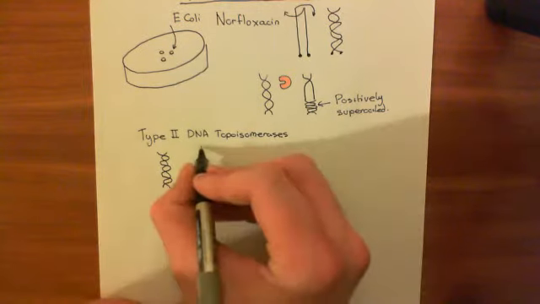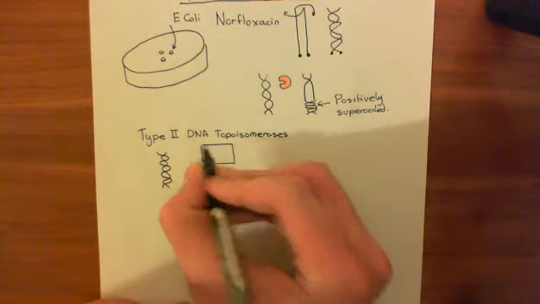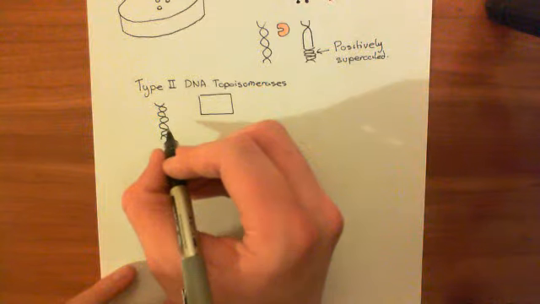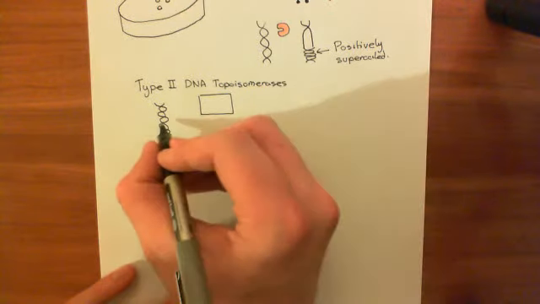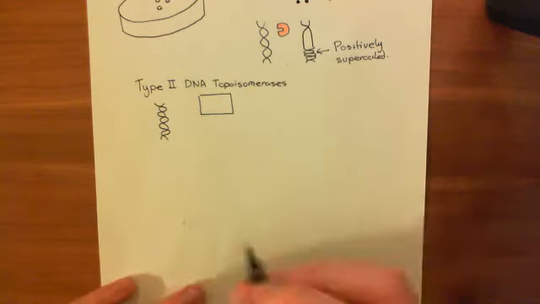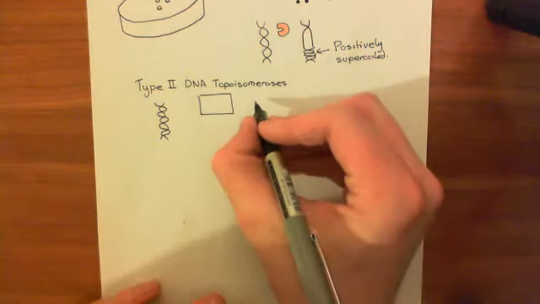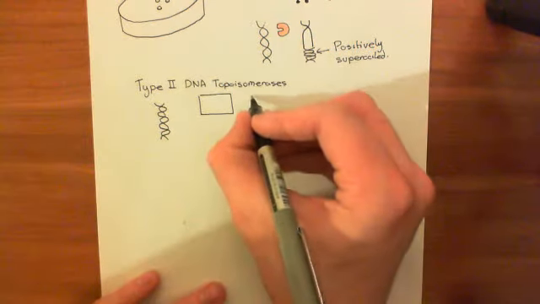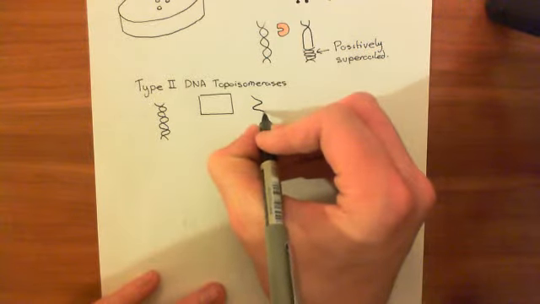Okay, well what happens is a DNA topoisomerase enzyme, this type 2 DNA topoisomerase enzyme, comes to this DNA which is too coiled, and it is going to cut both strands of the DNA, and what it will do is form a temporary complex with that DNA. So it's going to cut this DNA into two pieces, like so. So it'll produce double strand cuts in the DNA.